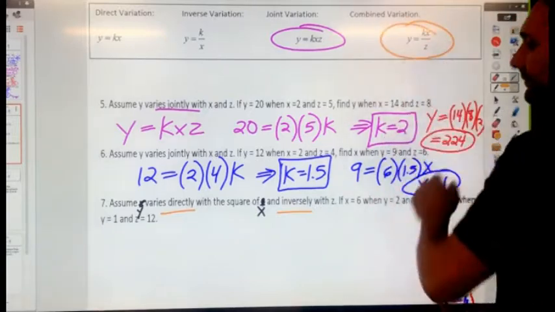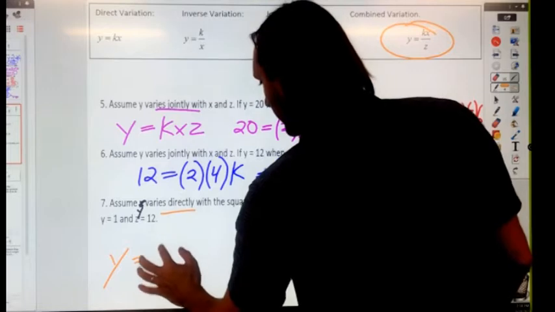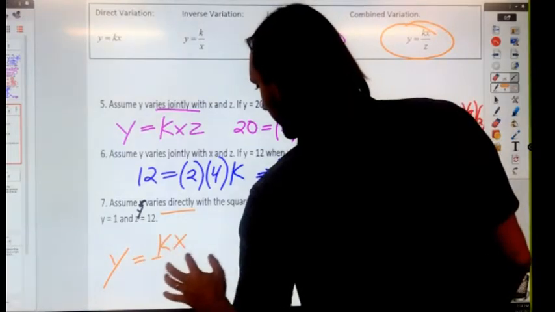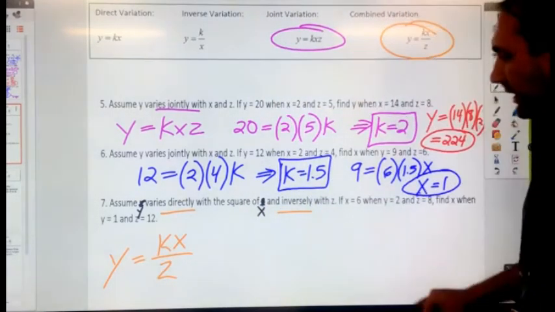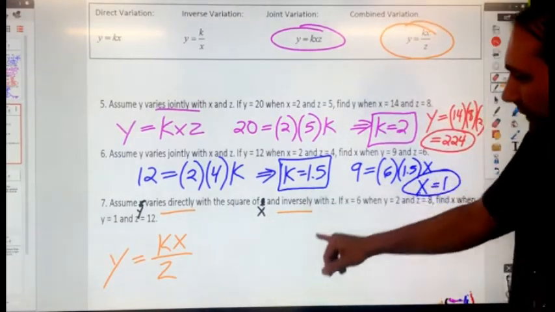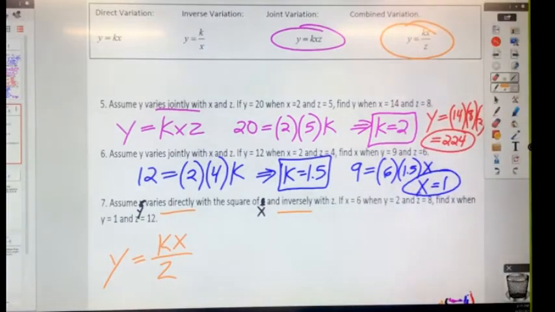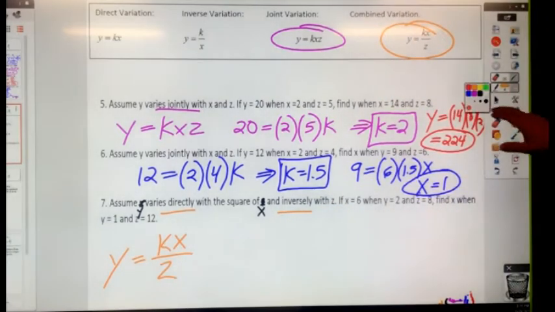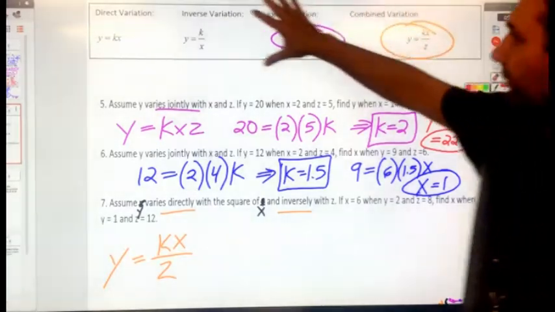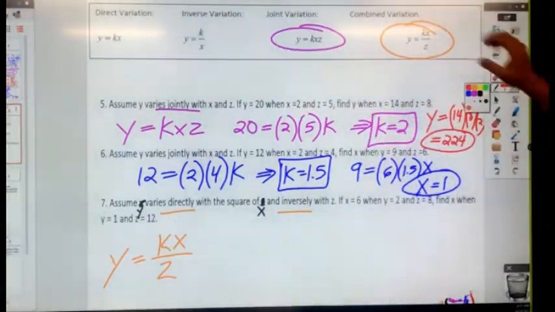It's a combination. y equals k times x over z. Note that the one that's inversely related, z, is on the denominator. Anything varying inversely goes on the bottom. Now there's one more change I have to make. These aren't actually set formulas, they're more like guidelines. They can be changed.